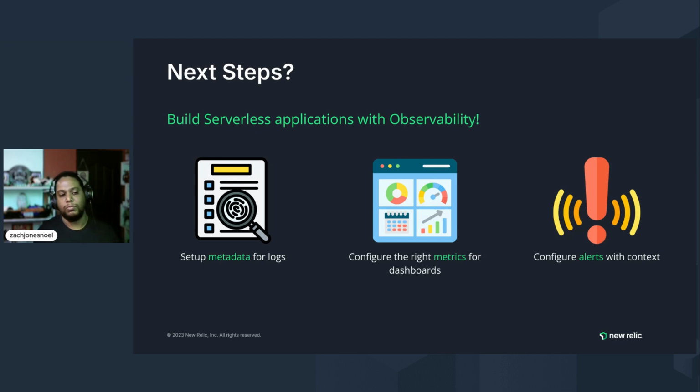Telemetry information about all the metrics is good, but you don't really need all of it. So you may have to create the right dashboards for the metrics you want to look at, to understand how it's performing. Also, with alerts, you need to configure the right context. Say you're getting an alert at 2 a.m. telling you something went wrong.